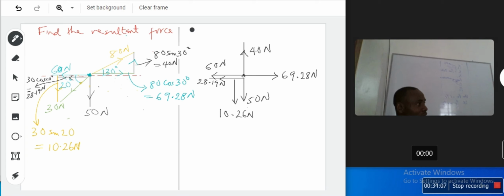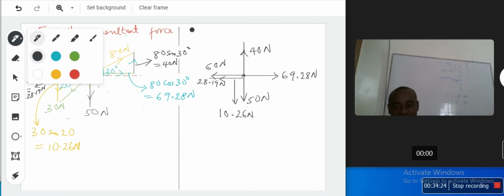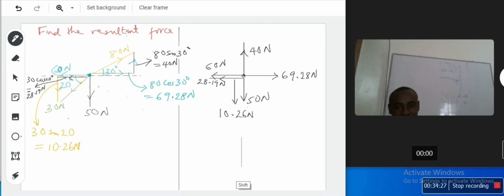Are we good on this? So let's begin to sum up all the ones going down and all the ones going up. Let's resolve vertically. What will be the effective force vertically? 50 plus 10.26 minus 40, isn't it? What will be the value? 20.26.